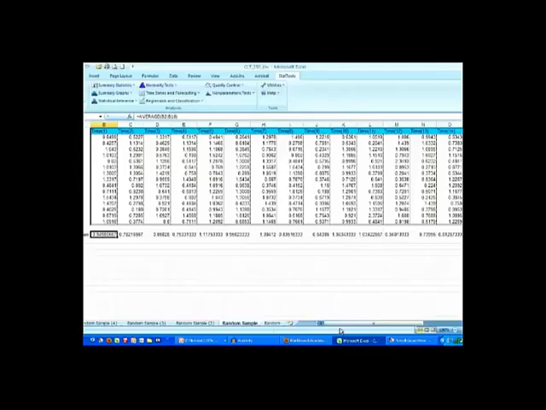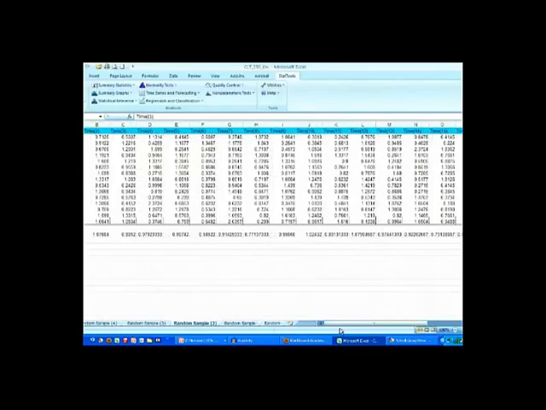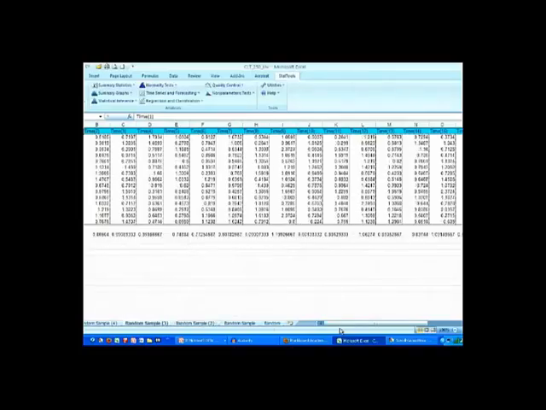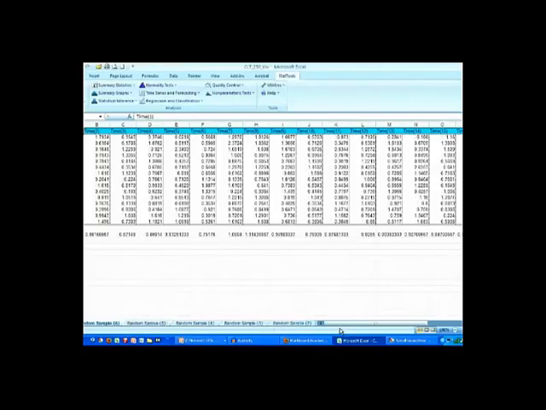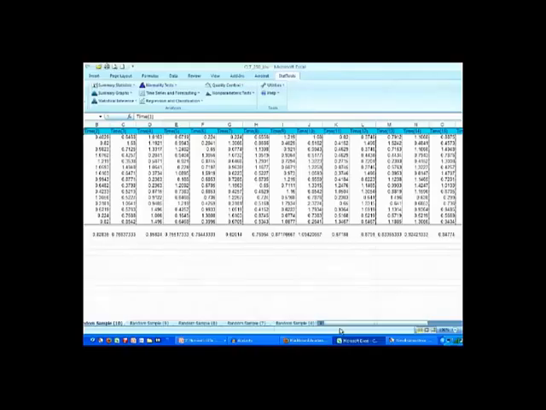What I also went ahead and did was to generate another 25 samples and calculate another 25 sample means. And yet another 25 samples, and so on. I actually generated a total of 250 samples, just to give us a larger number of sample means to look at in our demonstration.